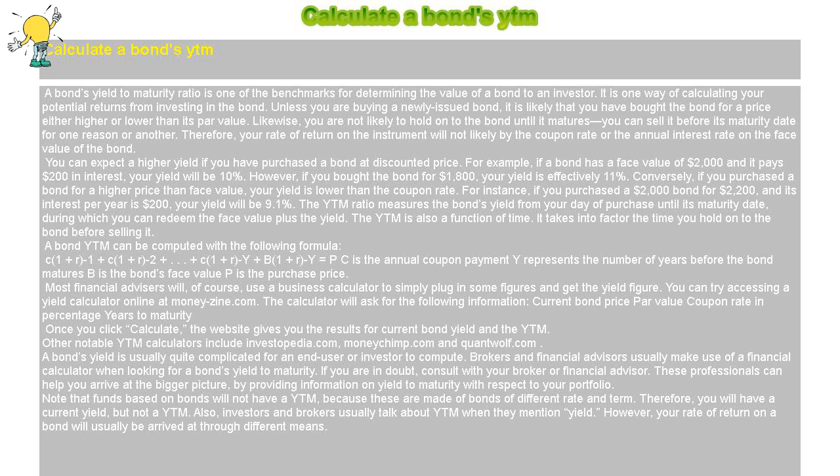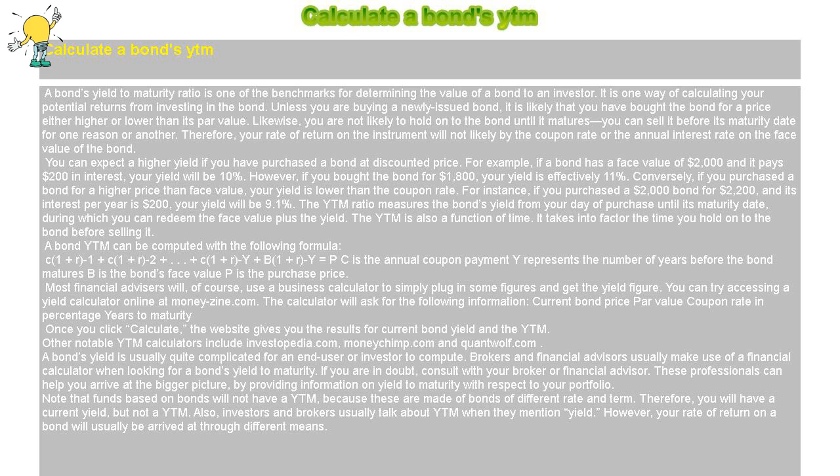Conversely, if you purchased a bond for a higher price than face value, your yield is lower than the coupon rate. For instance, if you purchased a $2,000 bond for $2,200, and its interest per year is $200, your yield will be 9.1%.